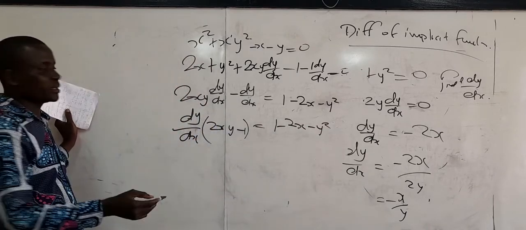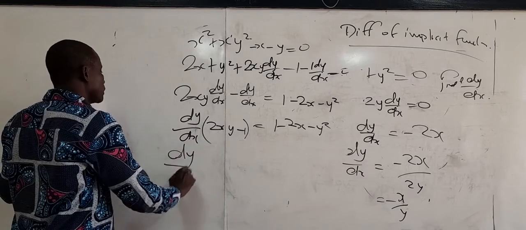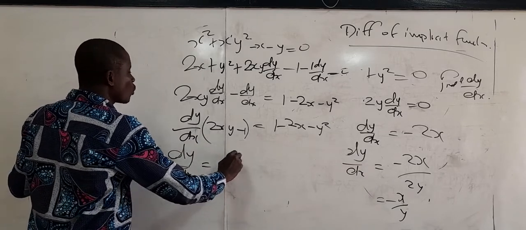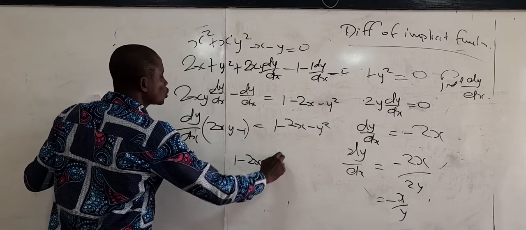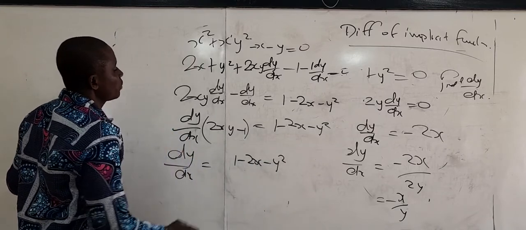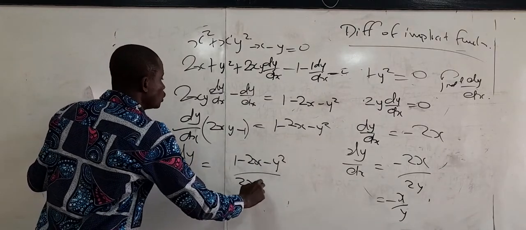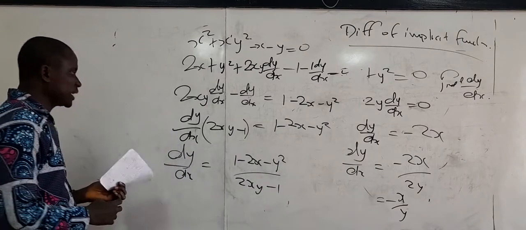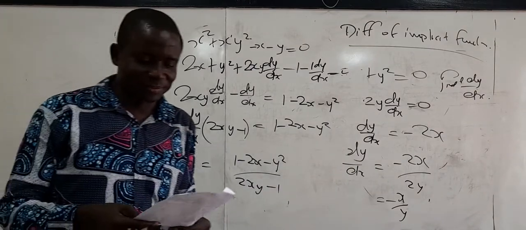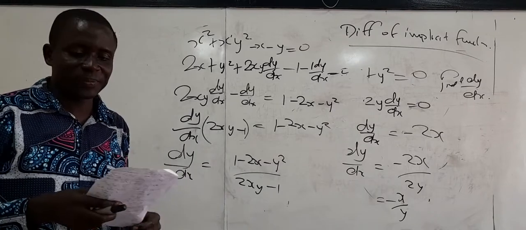So subsequently, dy dx is equal to 1 minus 2x minus y squared, okay, all over 2xy minus 1. This is implicit functions. It's very interesting, okay?